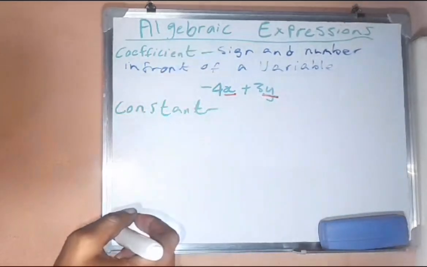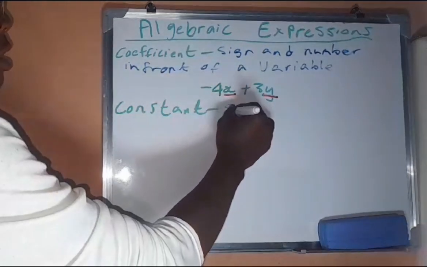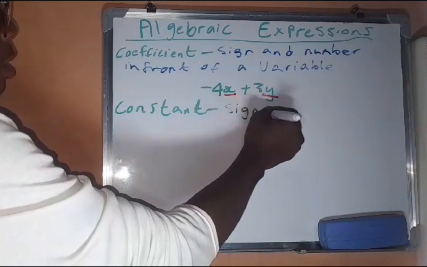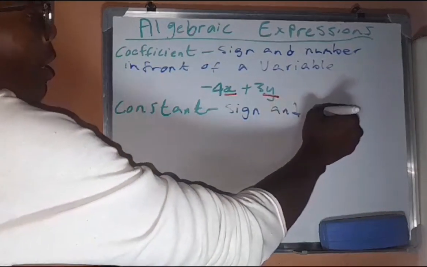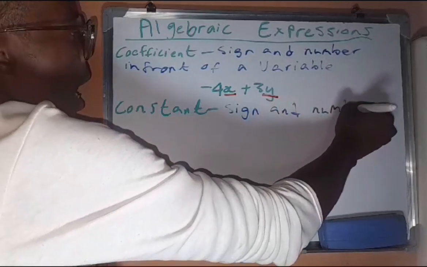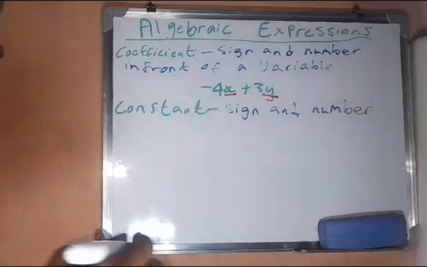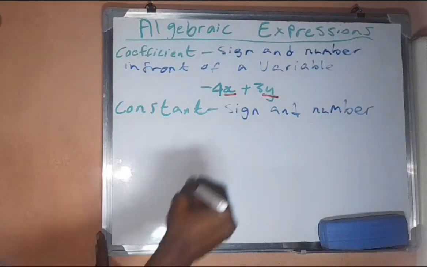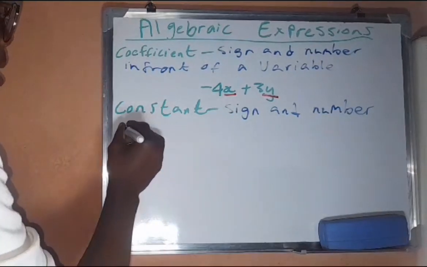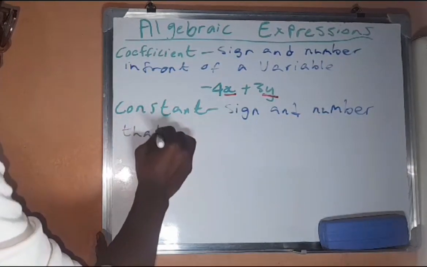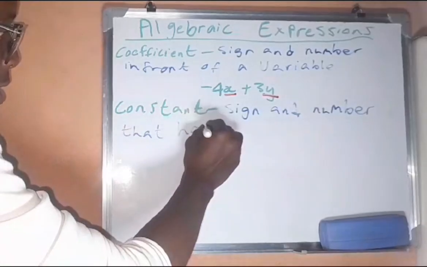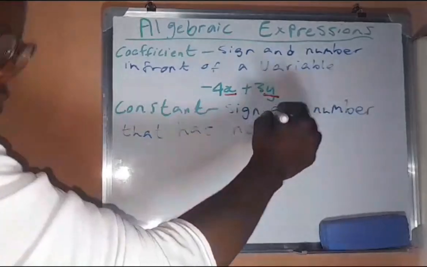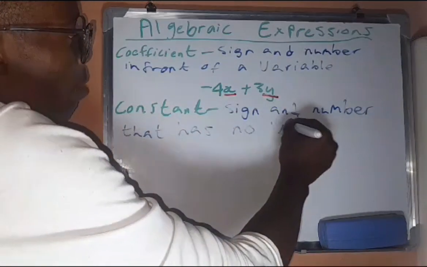So what is a constant? A constant, guys, is a sign and number that has no variable.